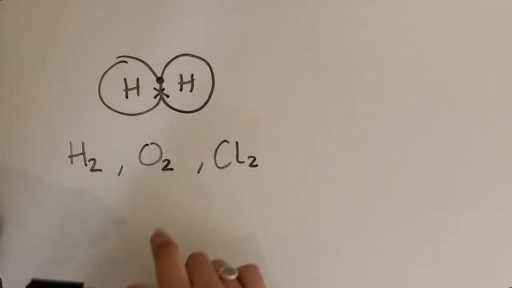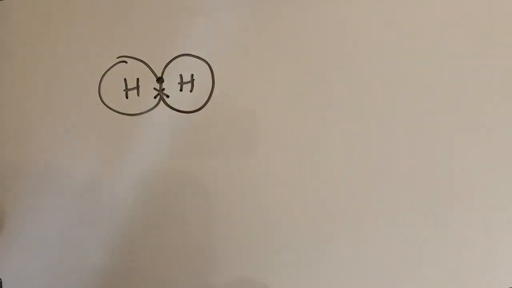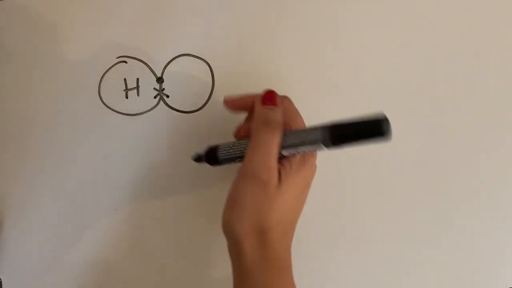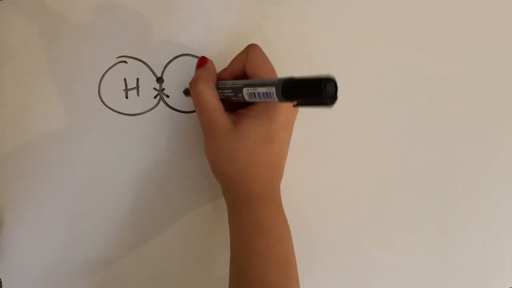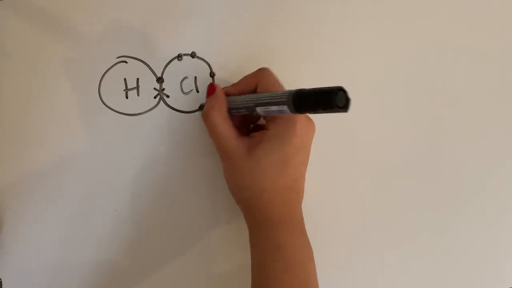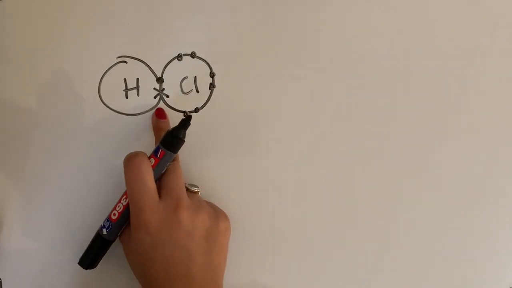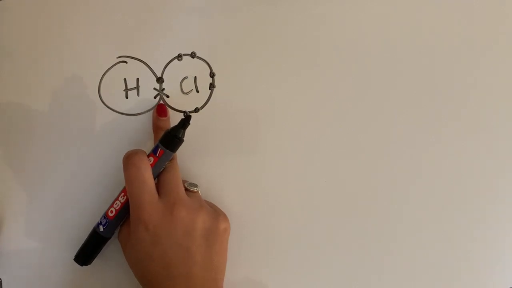Now this can change if those bonded atoms aren't the same. So if this bonded atom here was anything else, like, I don't know, chlorine, if we change this over here, those electrons might not lie exactly in the middle. And this is where the concept of electronegativity comes in.